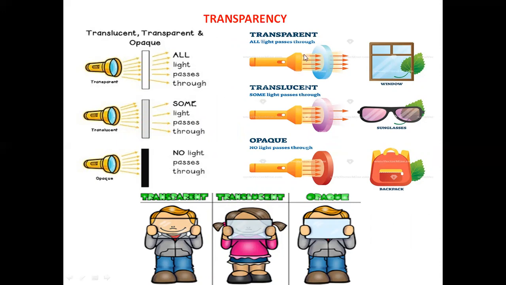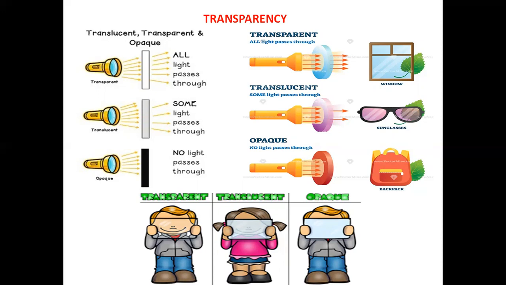Through the glass window, the light can pass completely. Through the sunglasses, the light passes partially. That is, some amount of light passes and some amount of light doesn't pass through it. Whereas when I take a backpack or a wooden material, the light doesn't pass through at all.